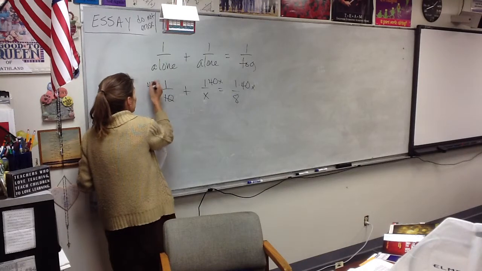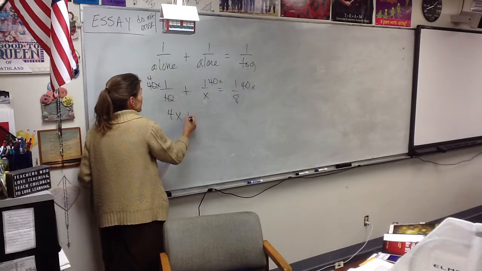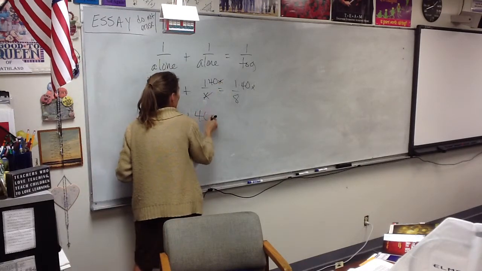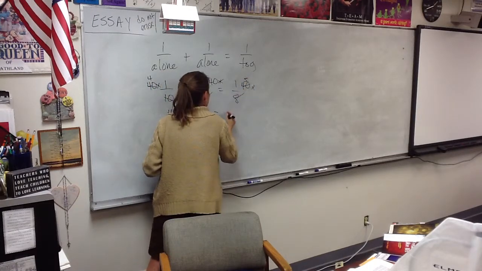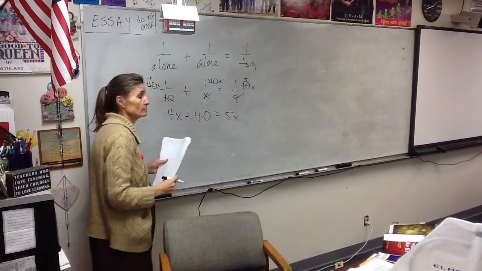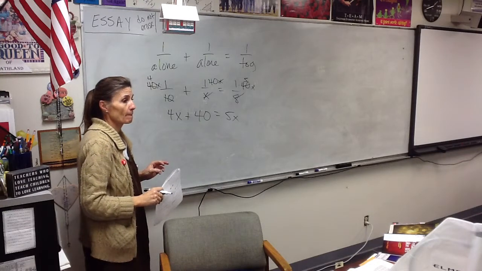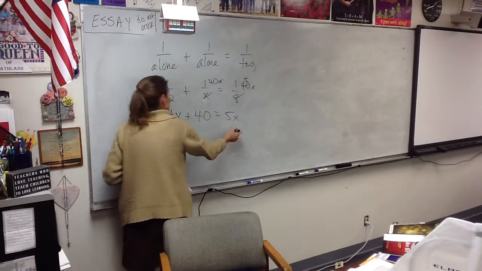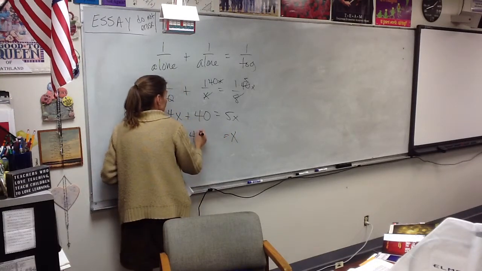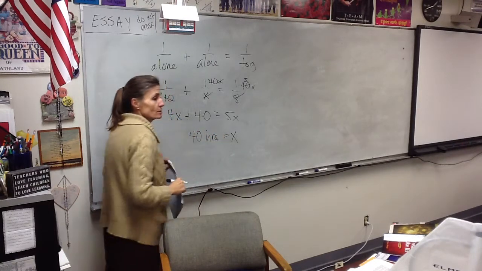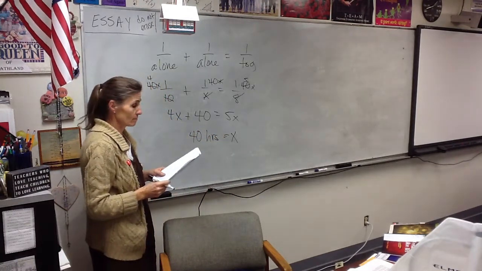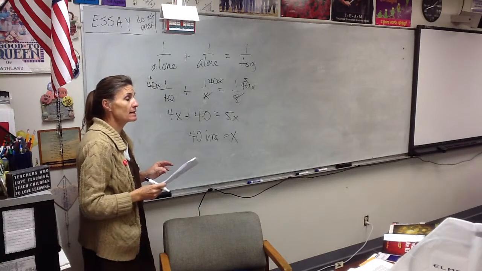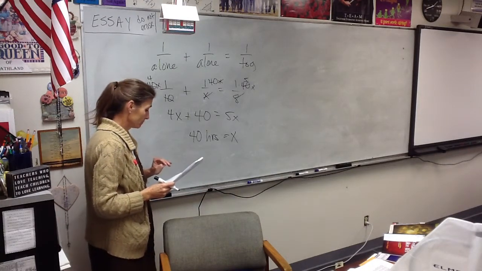So this would leave me with 4x plus 40 equals 5x. Subtract 4x over. So x equals 40 hours. That's how long it takes Maura.